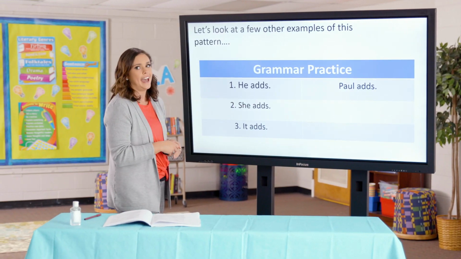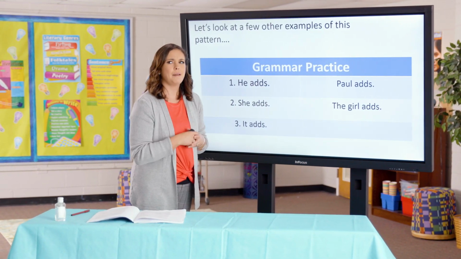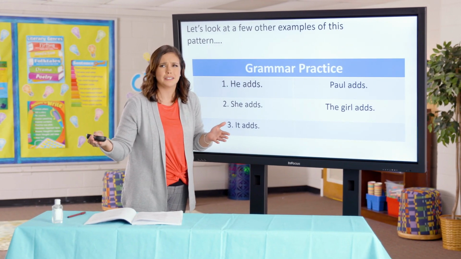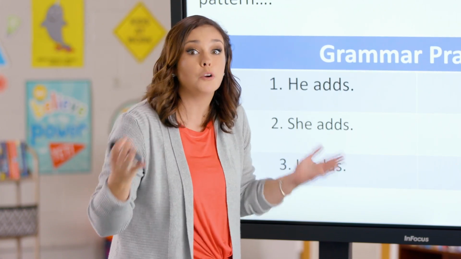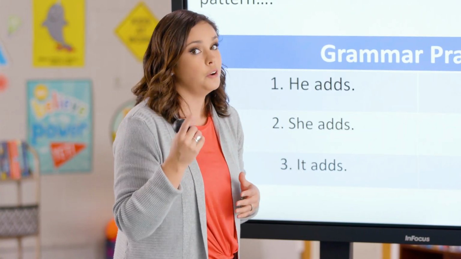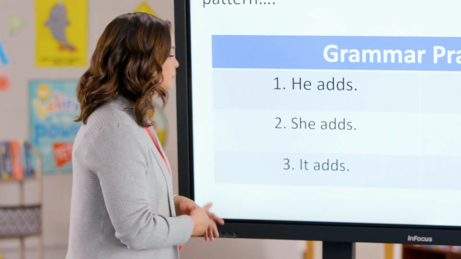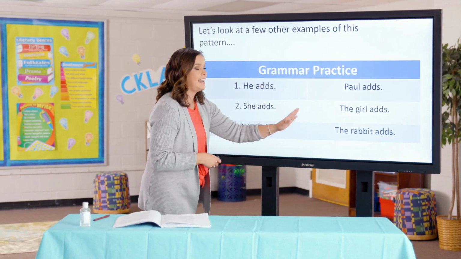What about she adds? What if this was the girl adds? Think about it if it was add. The girl add 2 numbers? That doesn't make sense. The girl adds 2 numbers makes perfect sense. So again, notice, we're adding the suffix S at the end of the action verb. It adds. The rabbit adds.